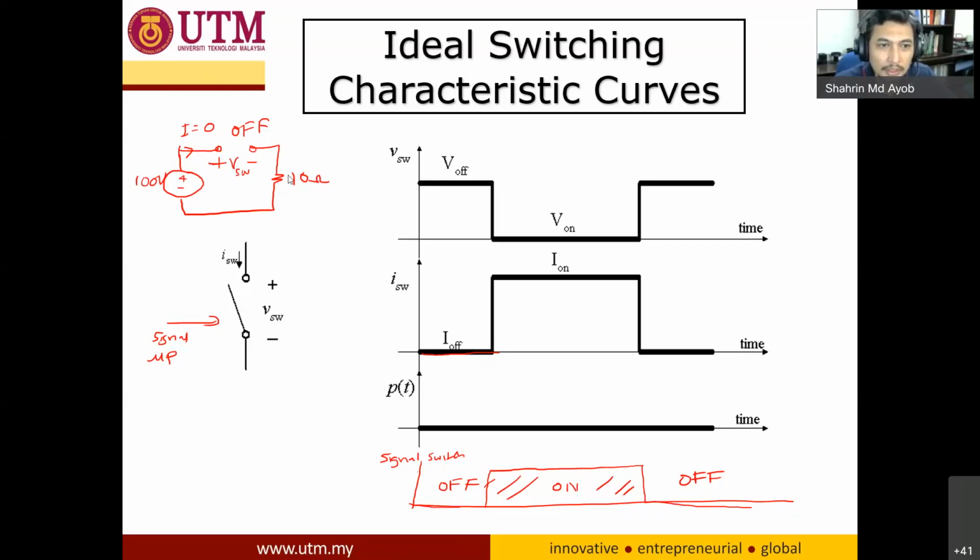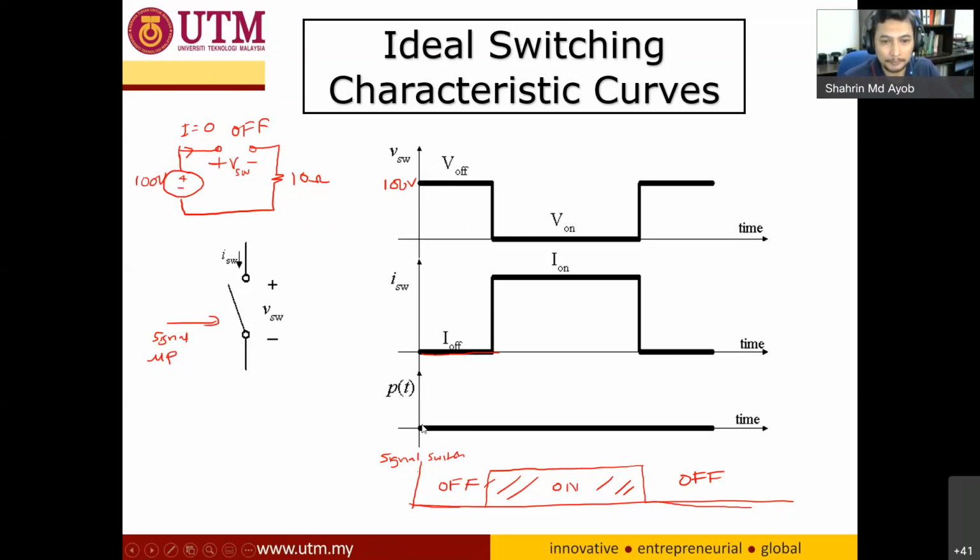Not the voltage across the load. This is the voltage across the switch, and it is 100 volt during off. So this is the characteristic during off. During off, there is a voltage across the switch, and the current that flows inside the switch is zero, because this is off.